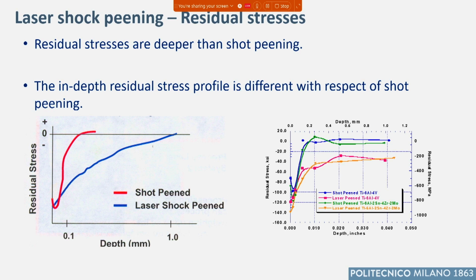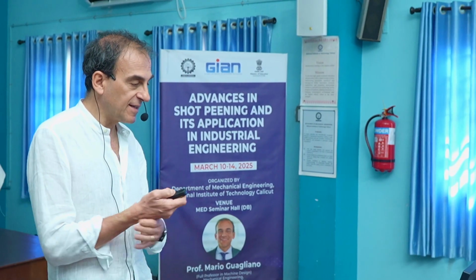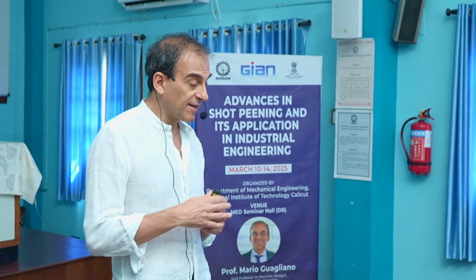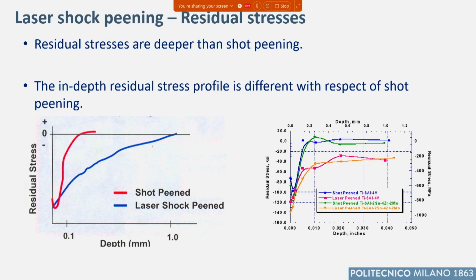The depth of the treatment is much larger, and even on the surface, the residual stress is a bit larger. The same conclusion can be obtained with the other material used here. The trend of shot peening and laser shot peening is also the same, and the clear difference in the layer that is covered by compressive residual stresses is also evident.